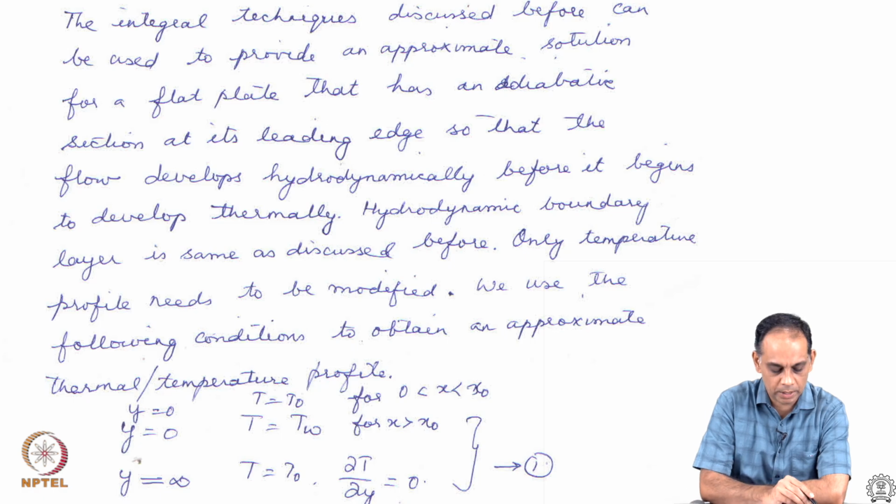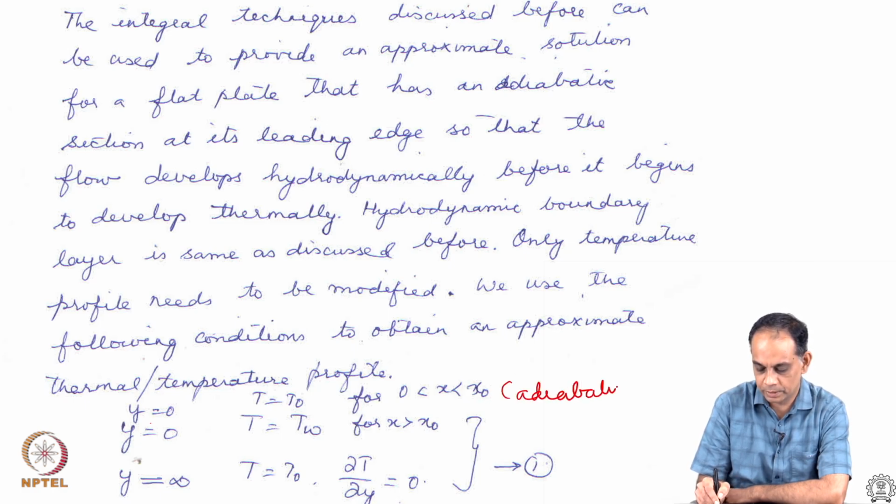And you can see the conditions for developing the temperature profile. At y equal to 0, that is at the wall, for x from 0 to x less than x naught, there is the adiabatic section we discussed previously, and T is T naught, the incoming inlet temperature.